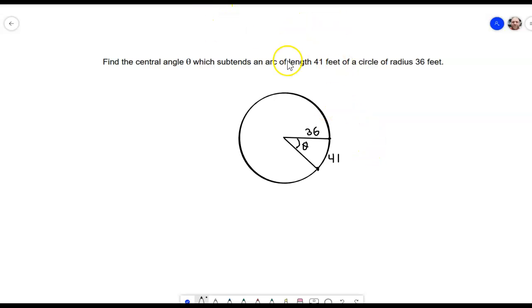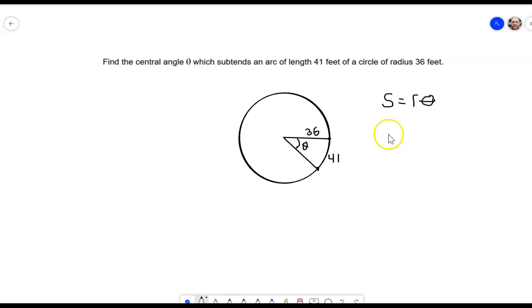In terms of radians, my formula is S, the arc length, equals the radius times the central angle theta.